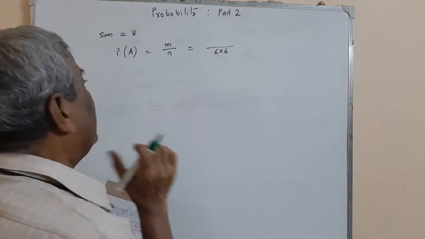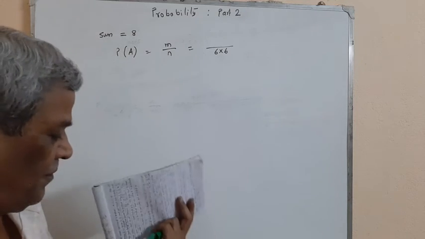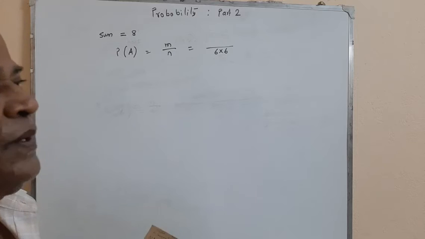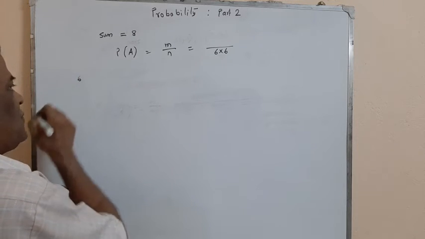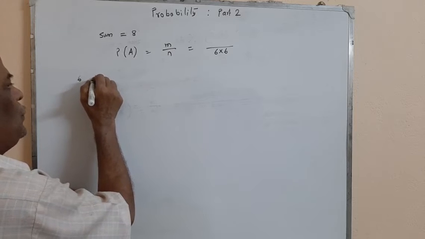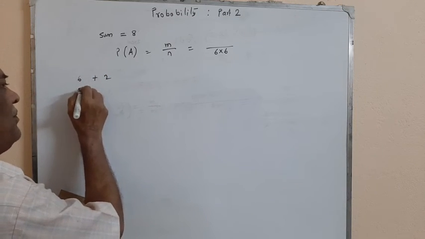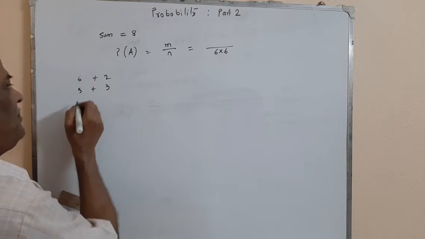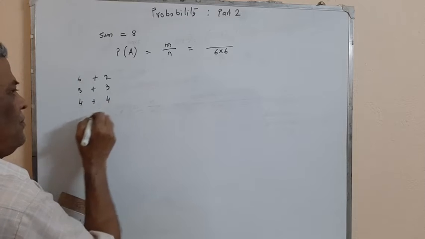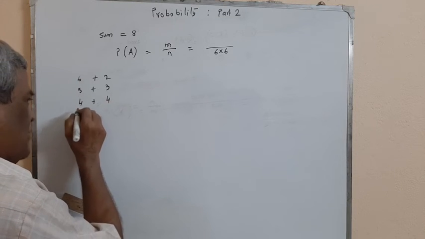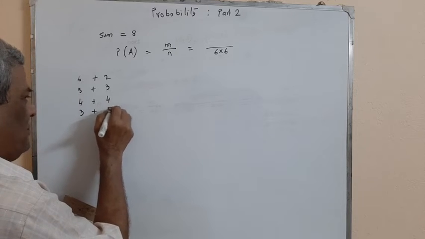Now we have to calculate what are favorable cases. Favorable cases, sum of the faces will be 8. It may happen in first face 6, second face 2, 8. 5, 3, 8. 4, 4. Next, 3, 5.